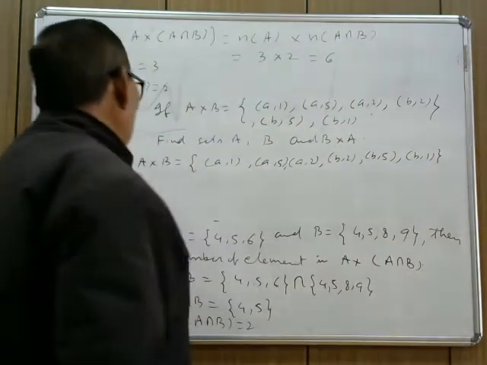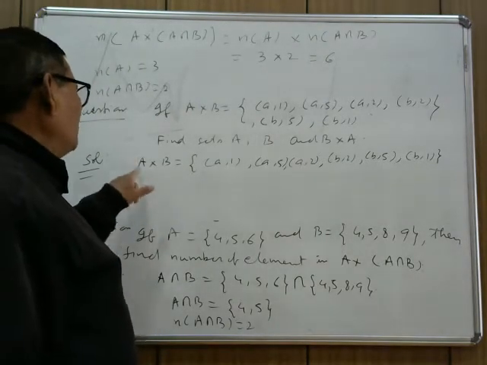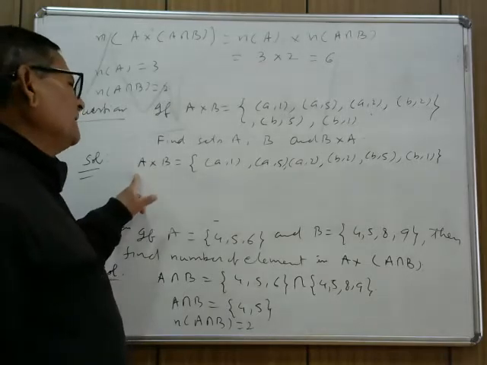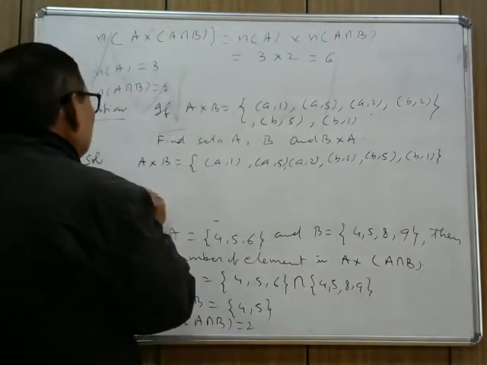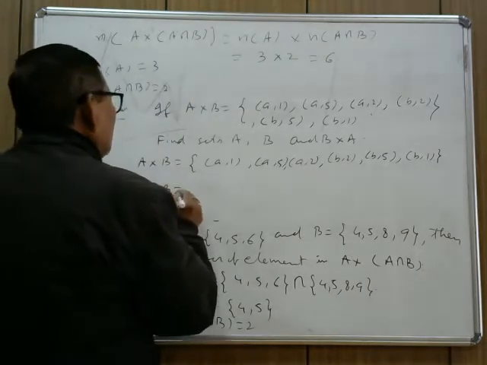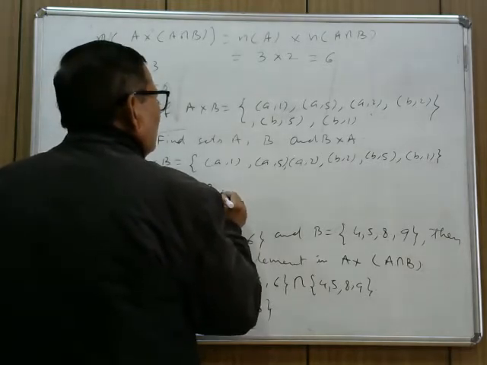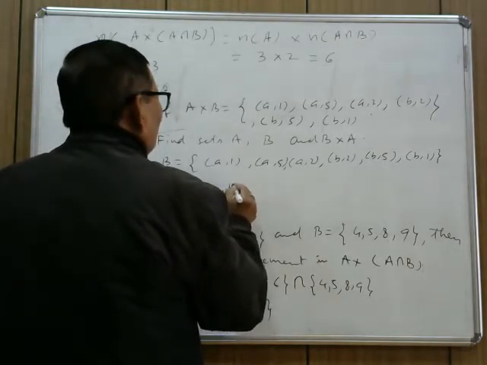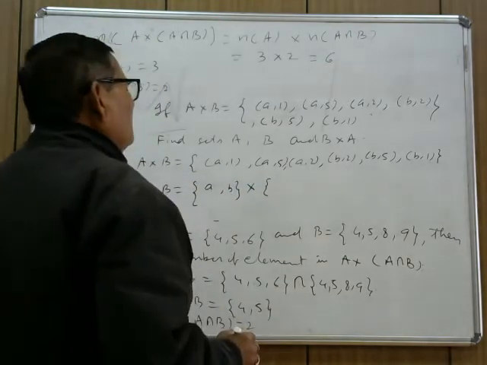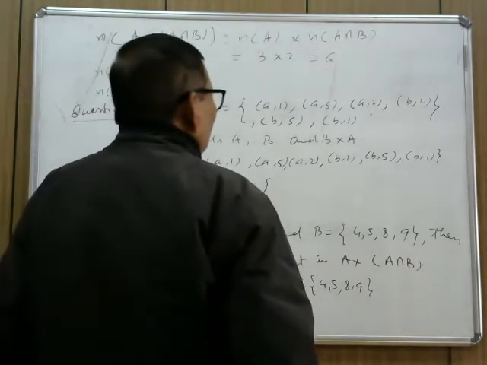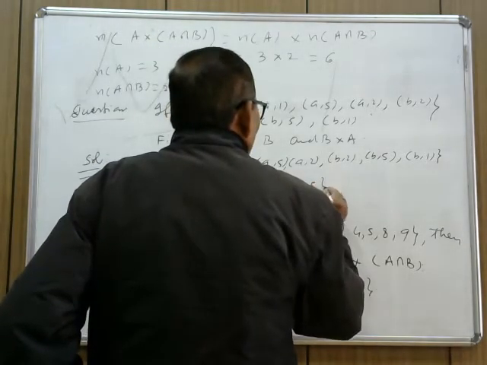In this Cartesian product, your first set is A. So set A is obtained by collecting the first element of each ordered pair, and set B is obtained by collecting the second element of each ordered pair, that is 1, 2, 5.